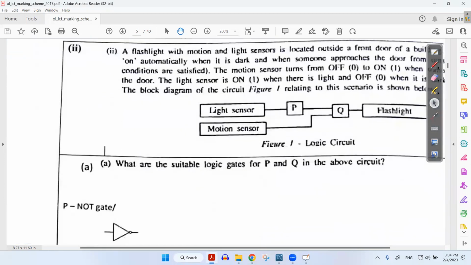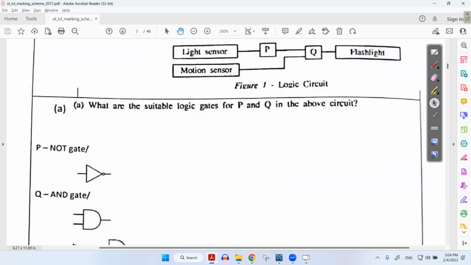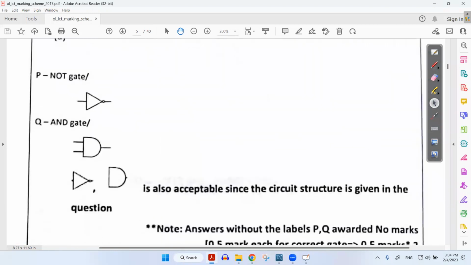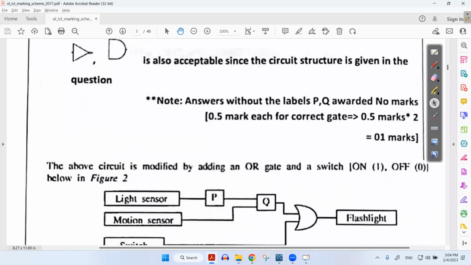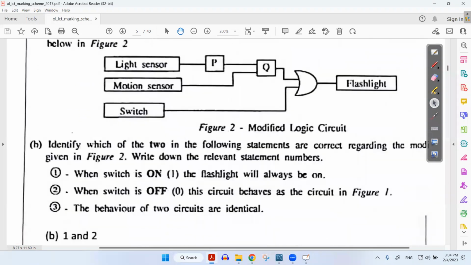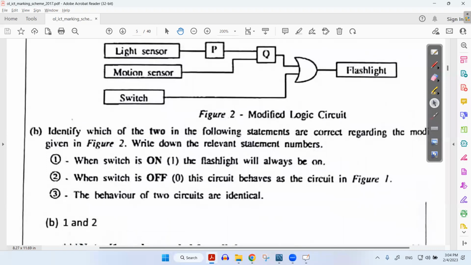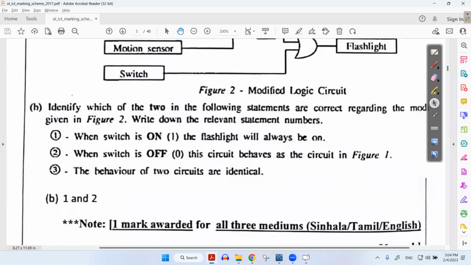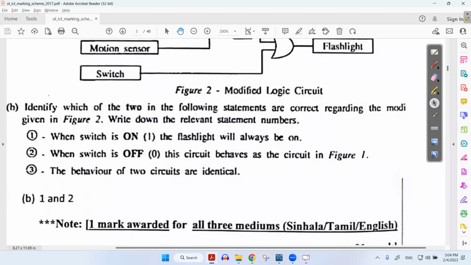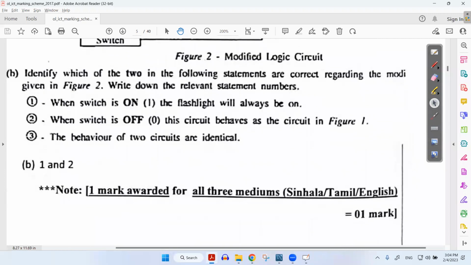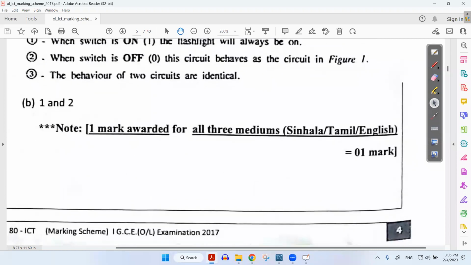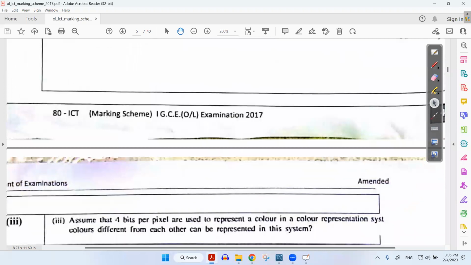This is the way that they have given you the marks. Recognizing that P is a NOT gate and Q is an AND gate, you will be given 1 mark. And recognizing the first one and the second one as the true statements, you are awarded another 1 mark. So together, 2 marks for that.